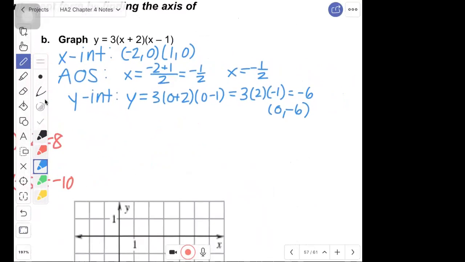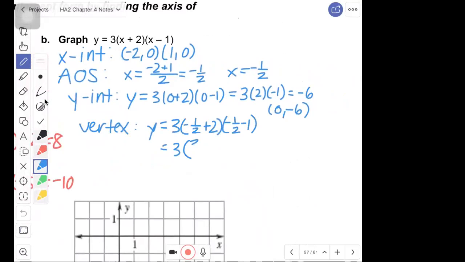And then lastly, we have our vertex. I did this after the axis of symmetry last time. We know we are plugging in that -1/2, and you end up getting -27/4.